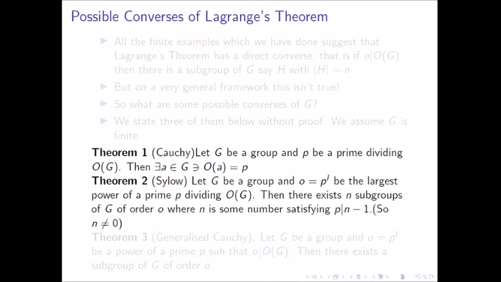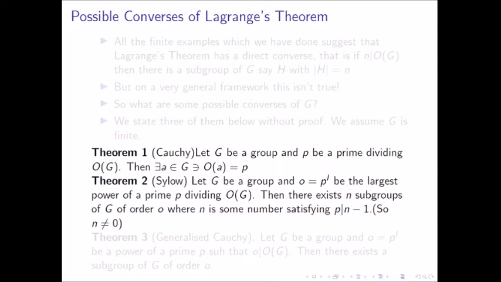The general Sylow's theorem is a bit huge, and it's one of the most beautiful results in fundamental group theory. But we look at a simplified form over here. Let G be a group and O equal to P power L be the largest power of prime P dividing the order of G. It's the largest power, so P power L plus 1 does not divide the order of G. Then there exist exactly n subgroups of G of order O, which is equal to P power L, where n is some number satisfying P divides n minus 1.